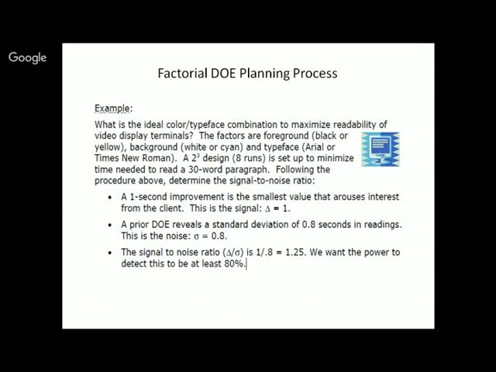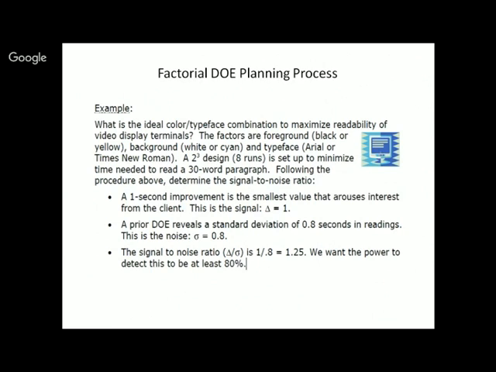The factors are foreground black or yellow, background white or gray, and typeface Arial or Times Roman. So a typical 2 raised to the power 3 design, in which 8 runs are set up to minimize the time needed to read a 30 word paragraph.